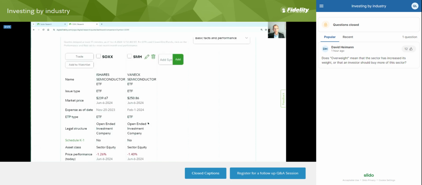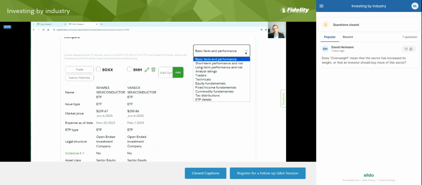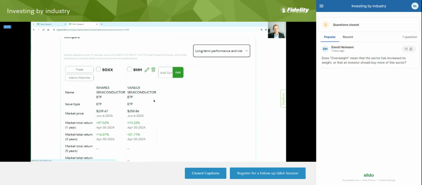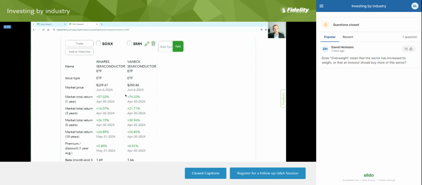If we go ahead and take a look, though, at other characteristics, for example, maybe we're interested in the long-term performance and risk. Let's go ahead and click on this and see what else amounts here. We see that over the longer term, it has been a relatively consistent thing that SMH has outperformed SOXX.